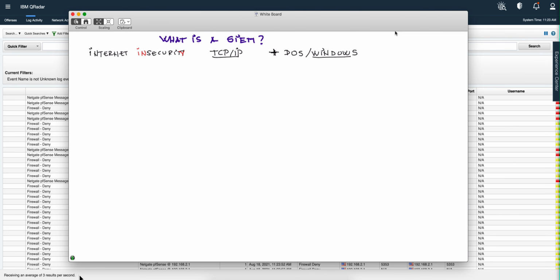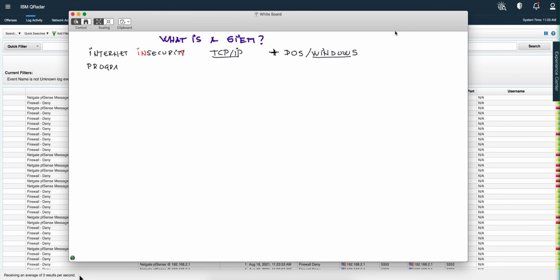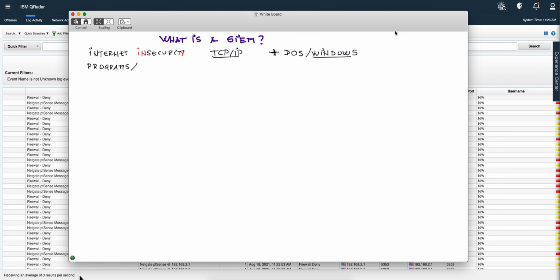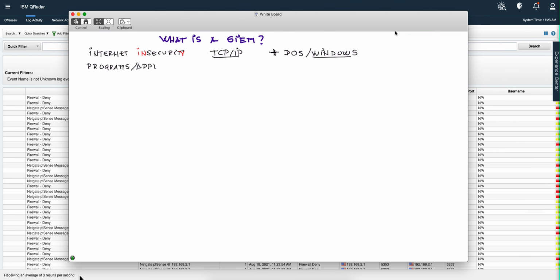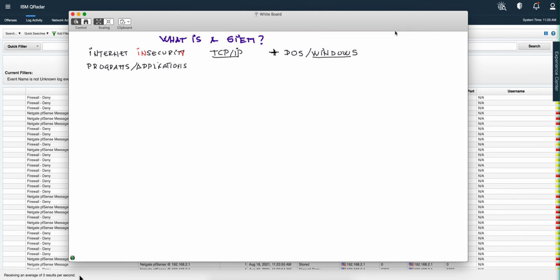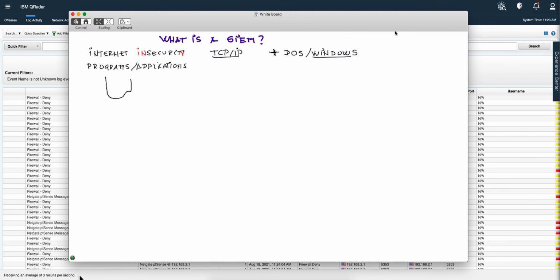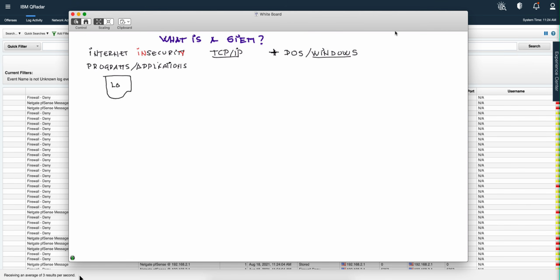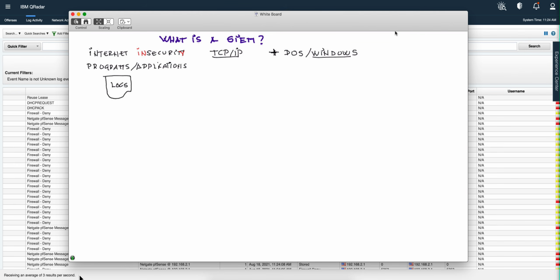In order to fix this, what people realized is that most programs, once they become big enough, they call them applications, were writing into some files, some logs. Security wasn't the main thing about that.